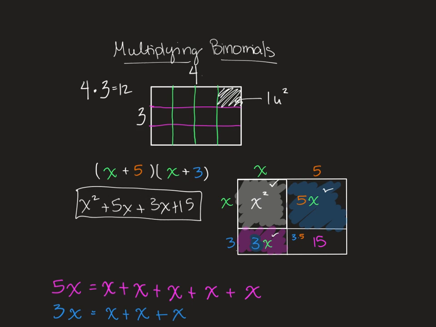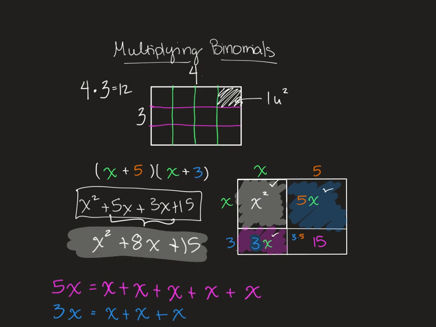That would get us a total of 8 groups of x. And we could simplify this to just have 3 terms, x squared, 8x, and 15. And this is absolutely a correct, good way of describing the area of this. So the things that I have just highlighted in white here and here mean the same thing.